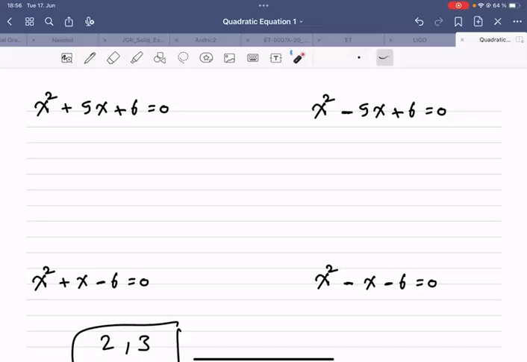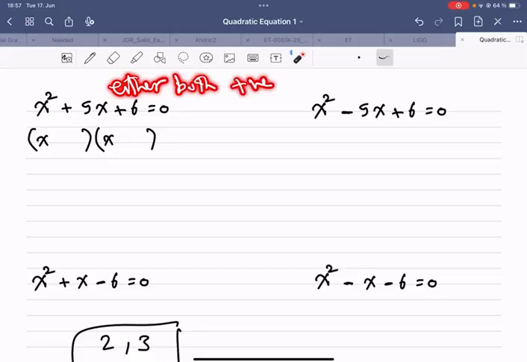Here we have x squared plus 5x plus 6. We are searching for two solutions. So here will be x and here will be x, because the sign of the last term is positive, meaning that our solutions are either both positive or both negative.